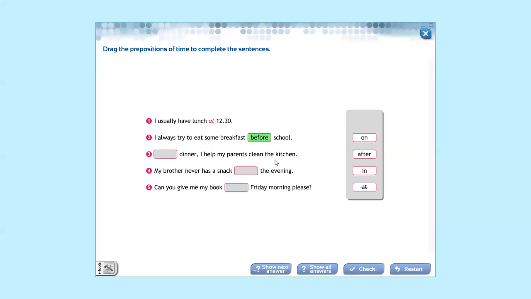Continue with number 3. After dinner, I help my parents clean the kitchen. Very good. Number 4. My brother never has a snack in the evening. Very good. Number 5. Can you give me my book on Friday morning, please? Very good.